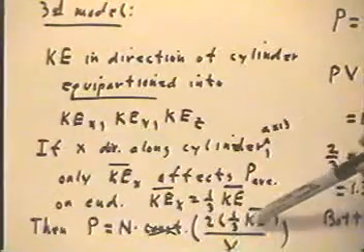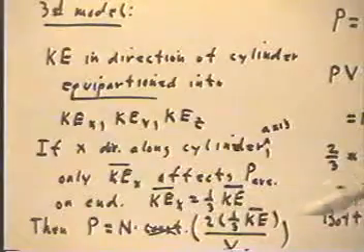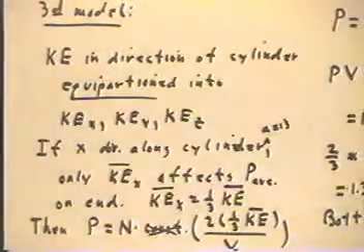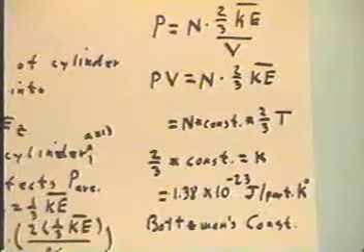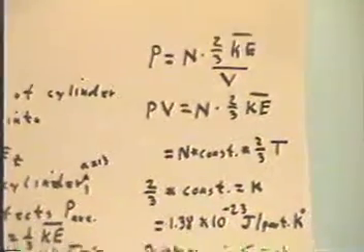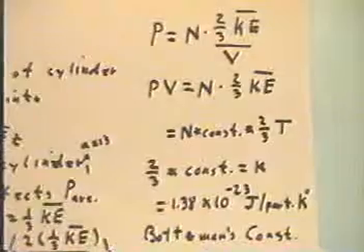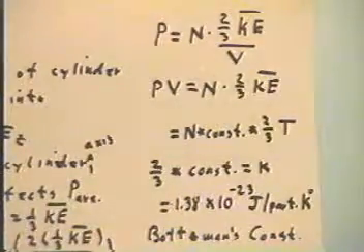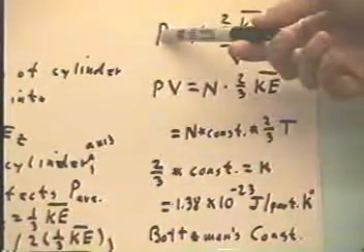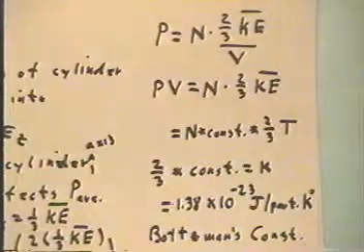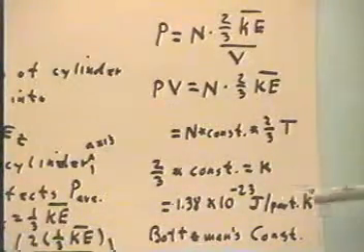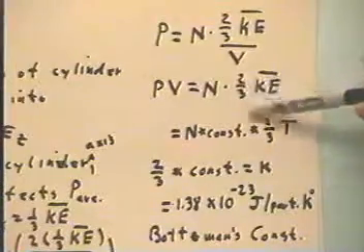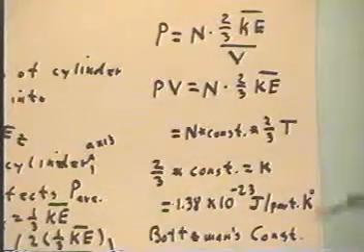So it's 2 times the average x kinetic energy divided by volume. The pressure is therefore given by this expression, which we're going to write as 2/3 times the average kinetic energy.